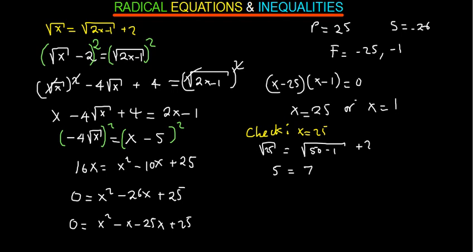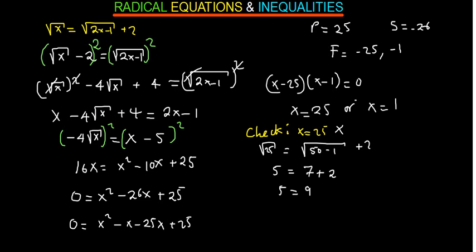Okay, that is a 7. And then plus 2. Now here, 5 is equal to 9. Is this true? Is 5 equal to 9? That means that 25 is not a solution.